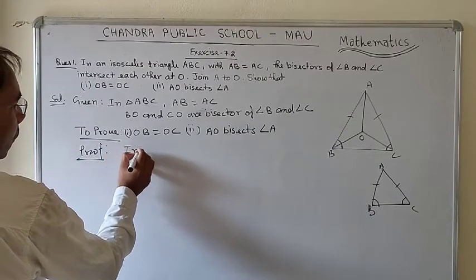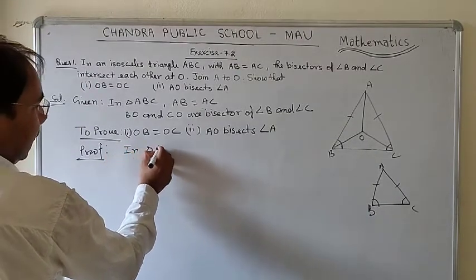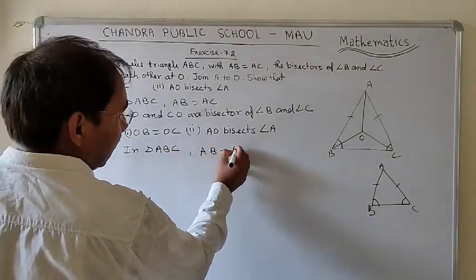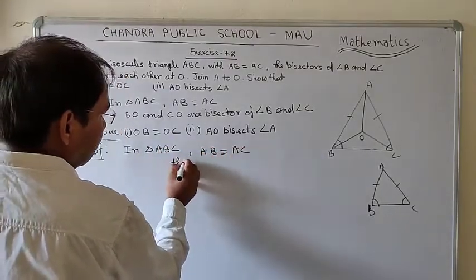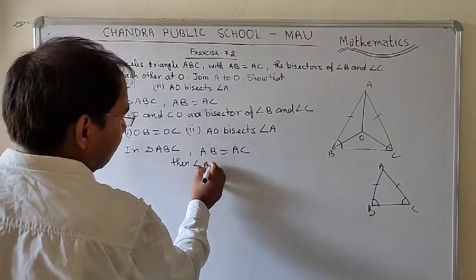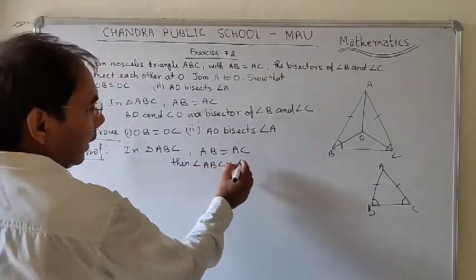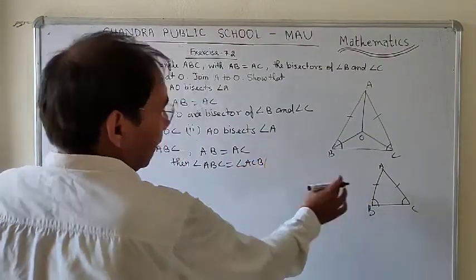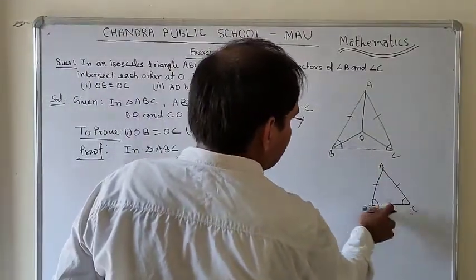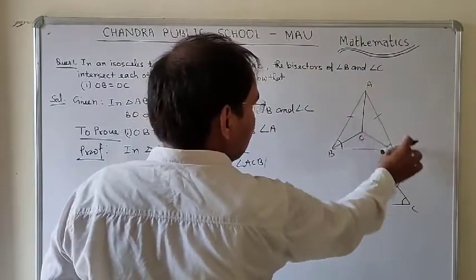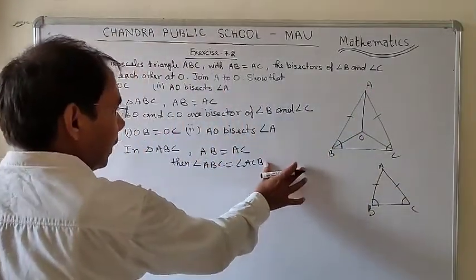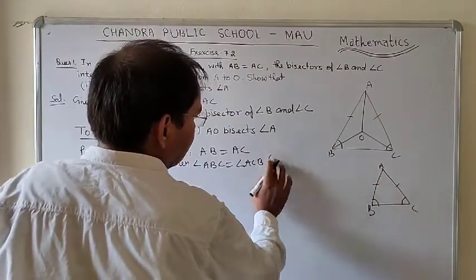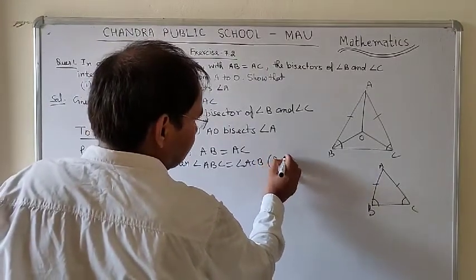Here you will write in the proof: in triangle ABC, AB equal to AC, then angle ABC equal to angle ACB. Here you are having that theorem, so you can write it by theorem.